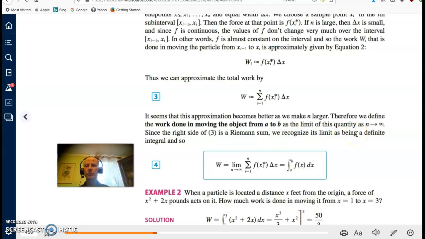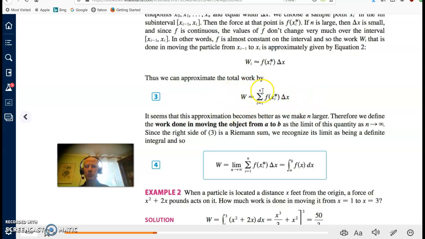Over each subinterval, assume that the force is constant, equal to f of xi star, and then the work done over that subinterval will be that force times the length of the subinterval, which is delta x. So we get that Wi, the work over that subinterval, is f of xi star times delta x, and you get a lovely approximation.